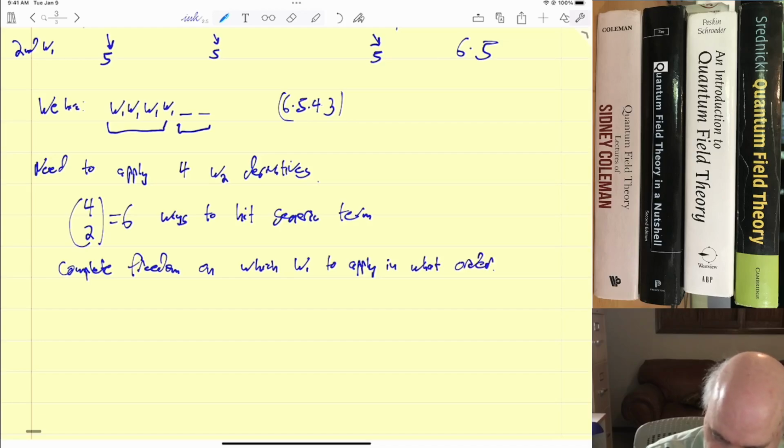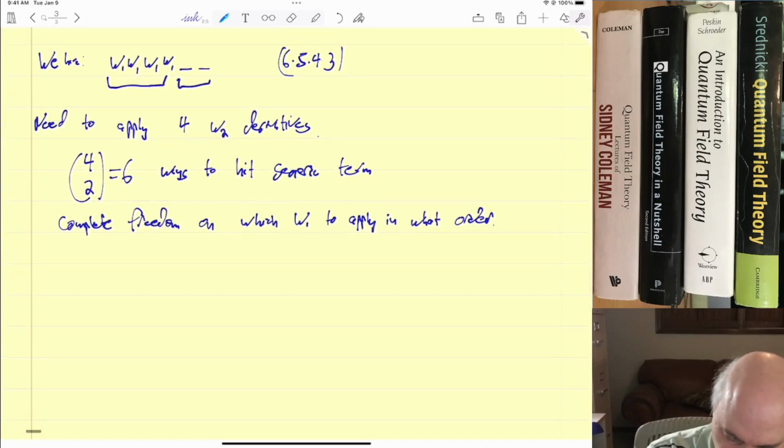Just think about this a little bit and you'll see. So this gives us another 4 factorial times.